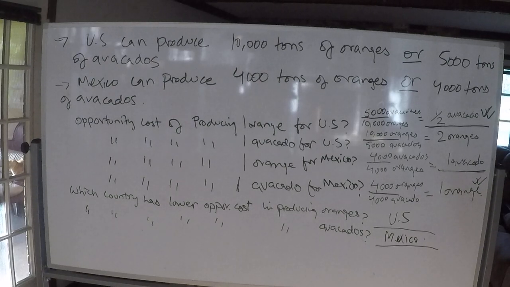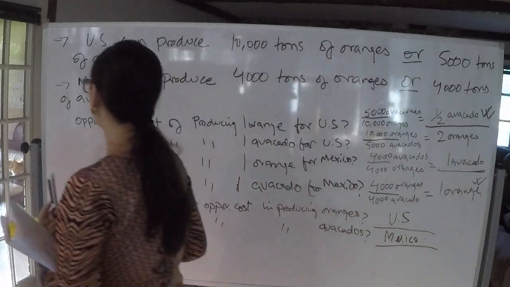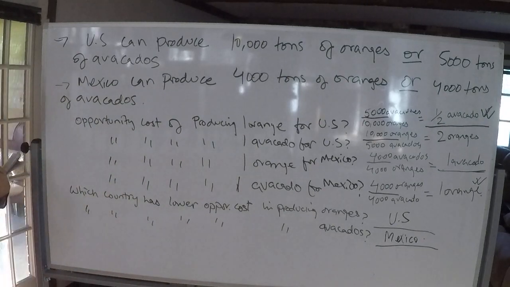There's one more thing. Step 3 is to do what David Ricardo's theory said: nations should specialize in what they have a comparative advantage in. So what should US specialize in?